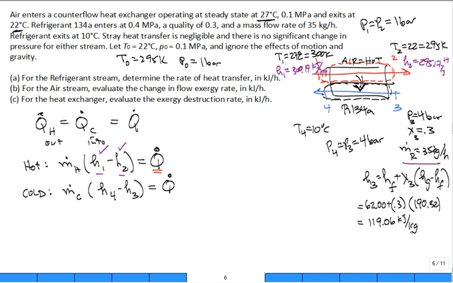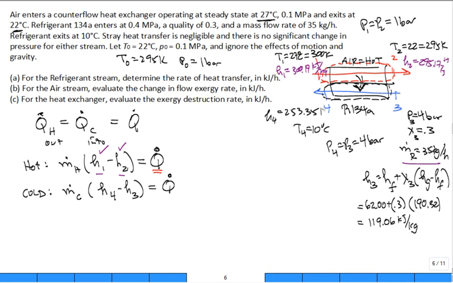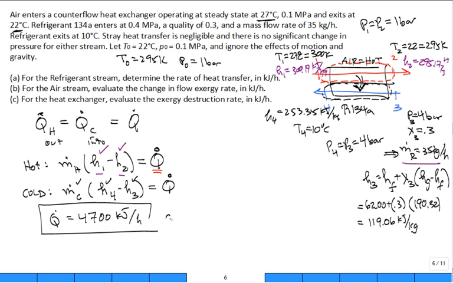Slightly superheated vapor, right. And so from the superheated tables you get that H4 comes in at 253.35 kilojoules per kilogram. So we have H3 and H4. We also have the mass flow rate of the refrigerant, the cold fluid. It's 35 kilograms per hour. We can calculate Q dot from this equation, and it comes in at 4700 kilojoules per hour, and we box it. That's the answer to part A.